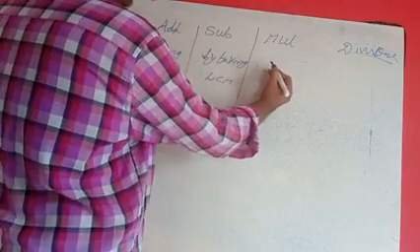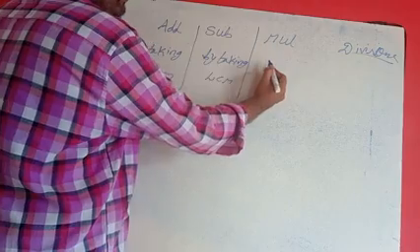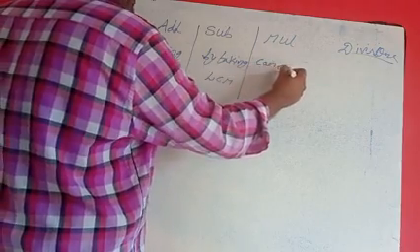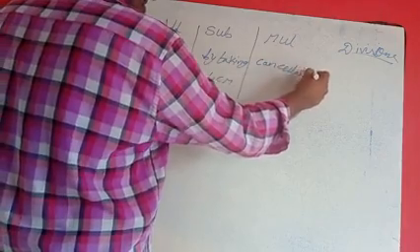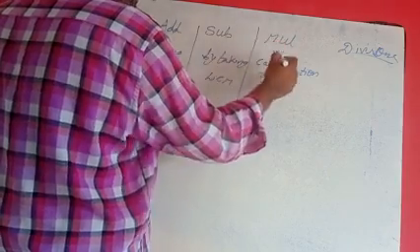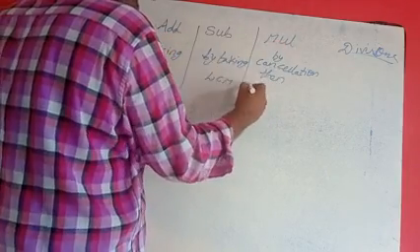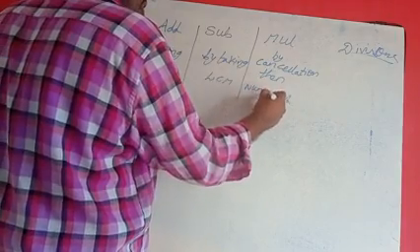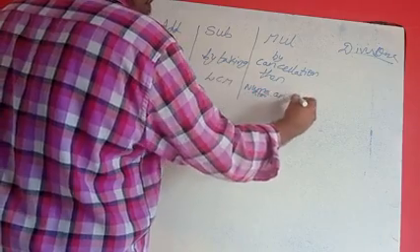Multiplications: what we have to do with multiplications is take cancellation, then numerator and denominator.